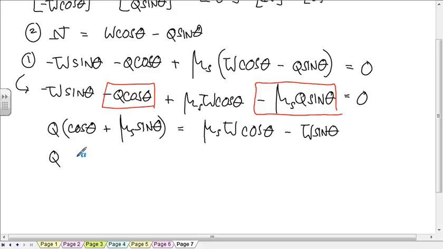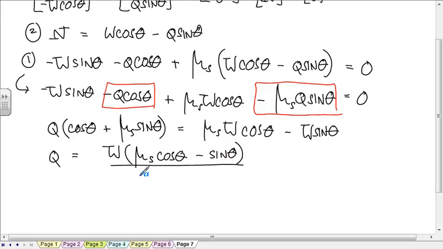And then Q is equal to W times mu s cosine theta minus sine theta, divided by cosine theta plus mu s sine theta.